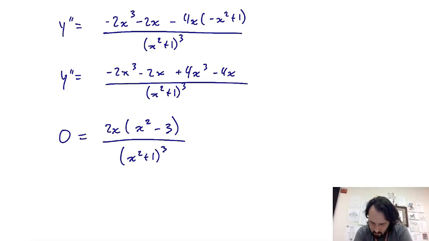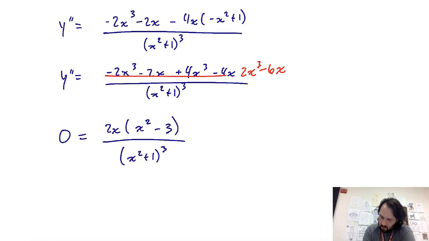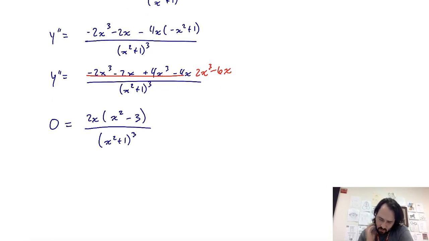Let me make sure, because the numerator up here is essentially 2x cubed minus 6x. Yep, so factoring out 2x, x squared minus 3. Okay, so I have points of inflection, right, plus or minus root 3 and 0.